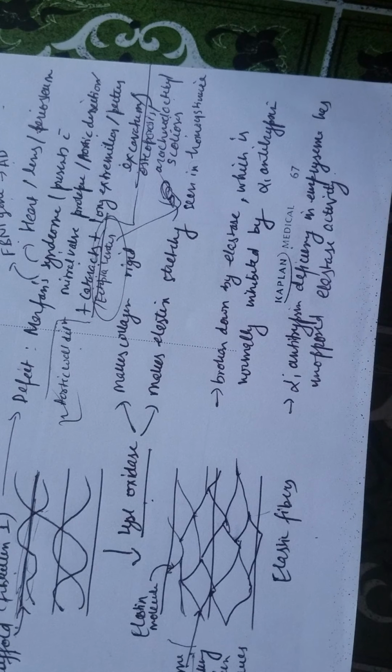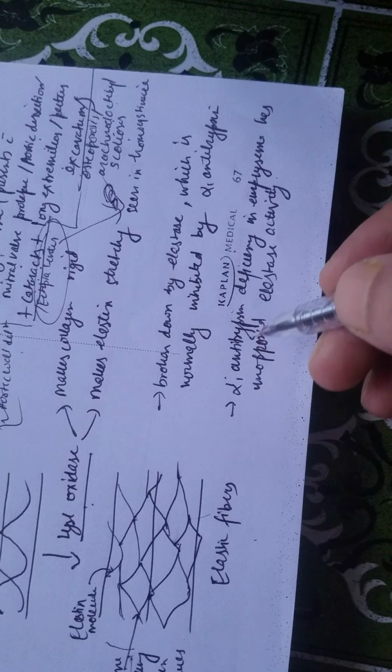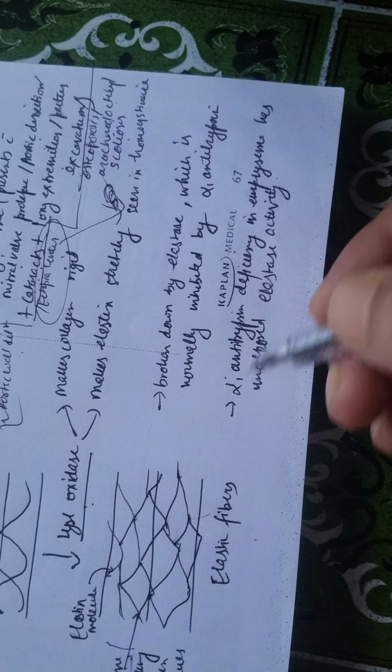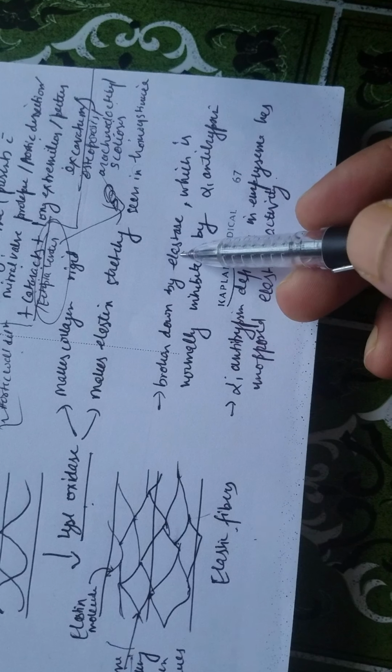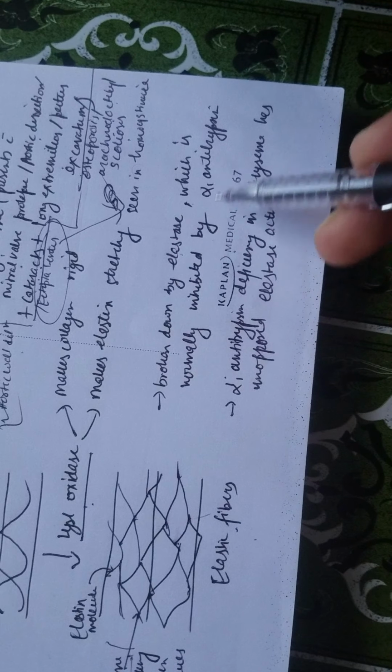Now let us discuss another disease, alpha-1 antitrypsin deficiency. These elastin structures are often broken down by elastases, which are normally inhibited by alpha-1 antitrypsin.